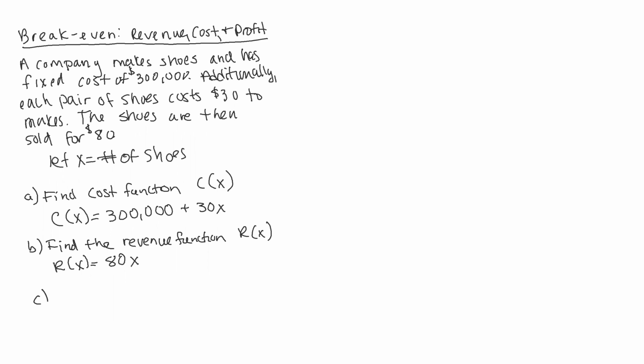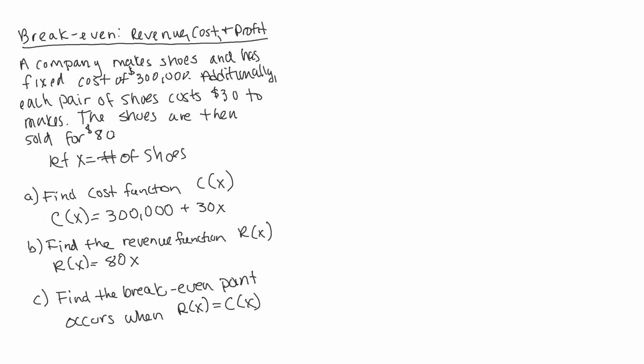Now, step C is the tricky one. It says find the break-even point. So here's what you need to know about break even. Break even occurs when revenue equals cost.